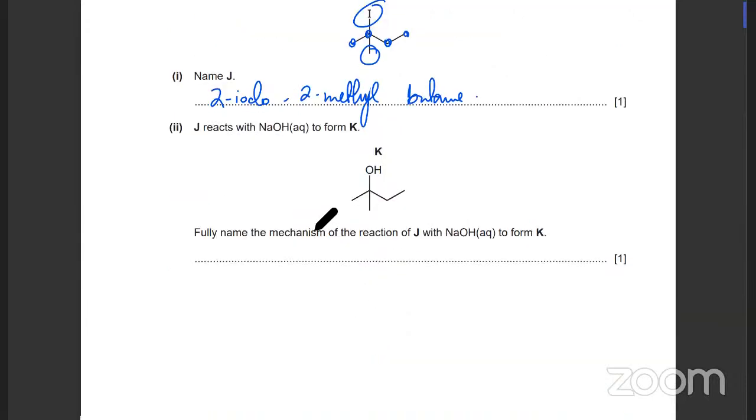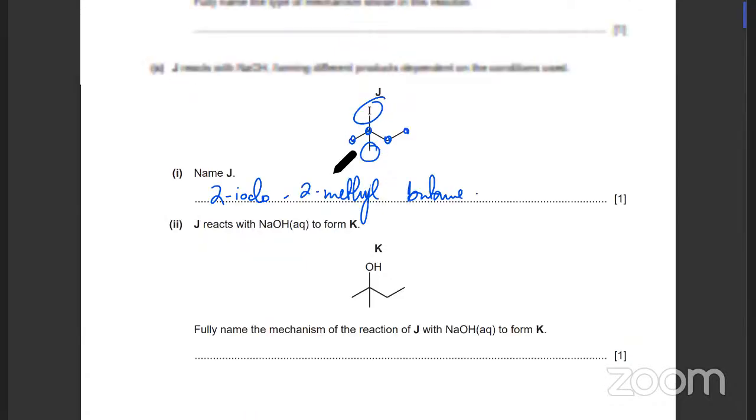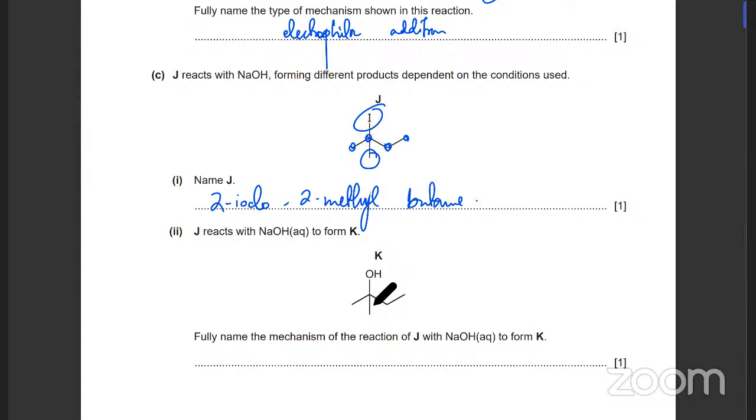As the next one, you've got to fully name the mechanism of the reaction of J with NaOH to form K. J reacts, so the halogen gets replaced by OH. So what is the name of the mechanism? A halogenoalkane. Substitution.